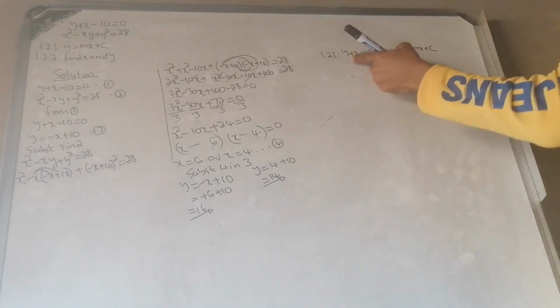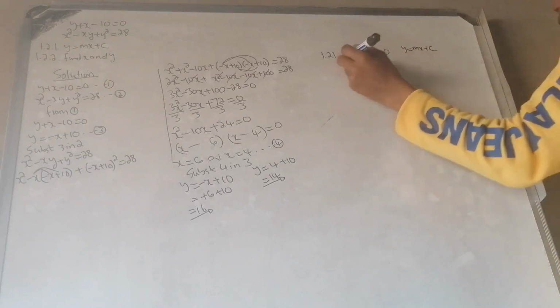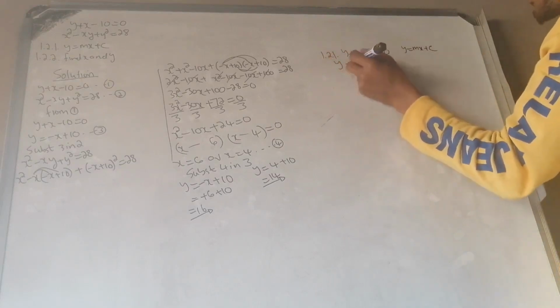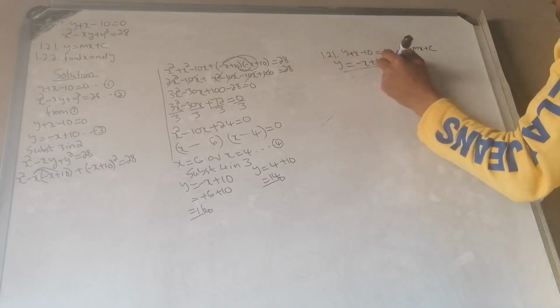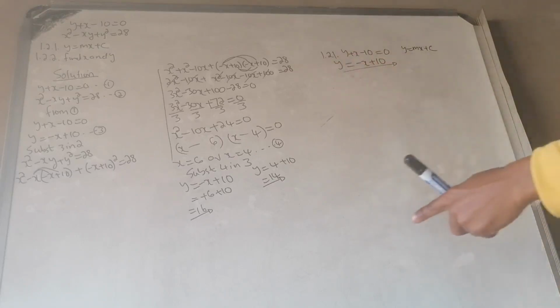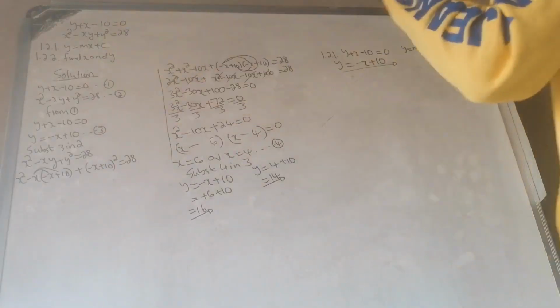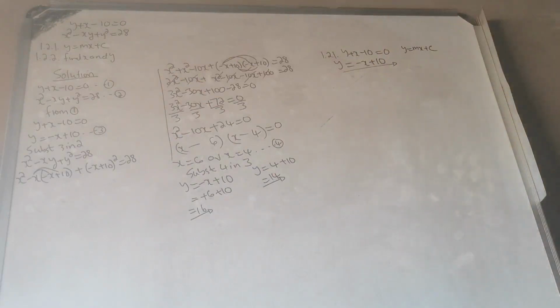So we must make y the subject of the formula. So y equals minus x plus 10. So that becomes your 1.2.1. This becomes your 1.2.2. I don't know if this is making sense.